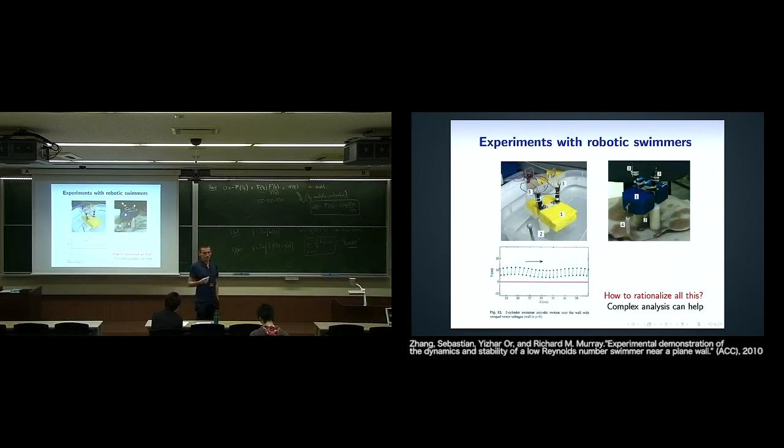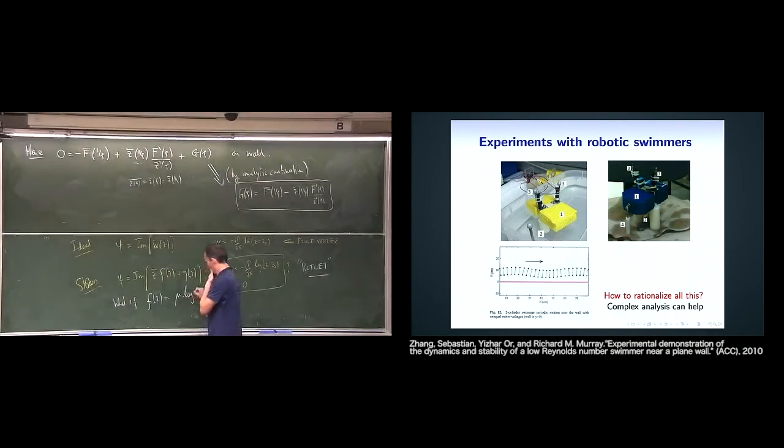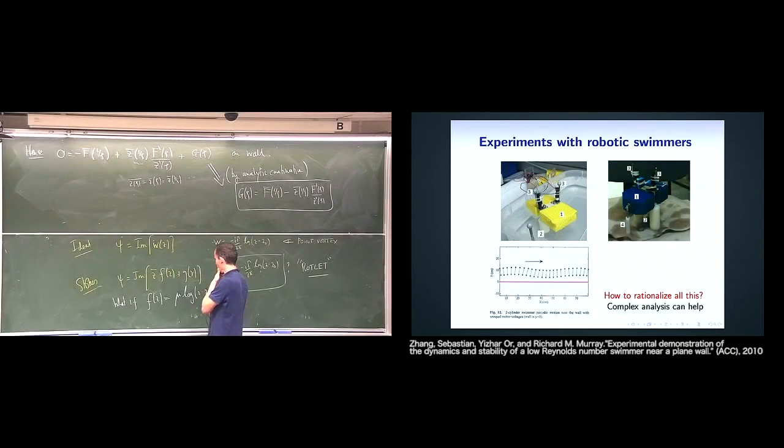Circular streamlines. Okay? So, here's something for you to think about before next Tuesday. What if I let f have a logarithmic singularity? Here, I took f to be 0 and let g have the logarithmic singularity.